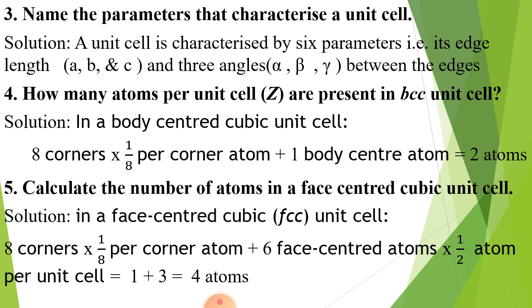A unit cell is characterized by 6 parameters, that is its edge lengths, these are a, b, c, and 3 angles, that is alpha, beta, gamma, between these edges.